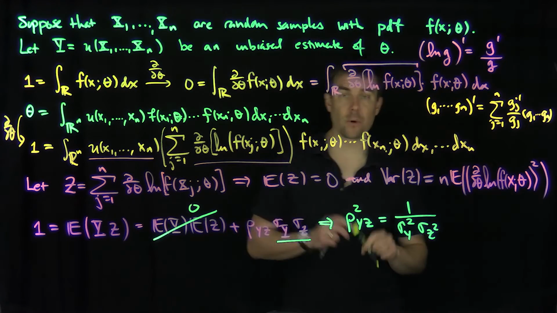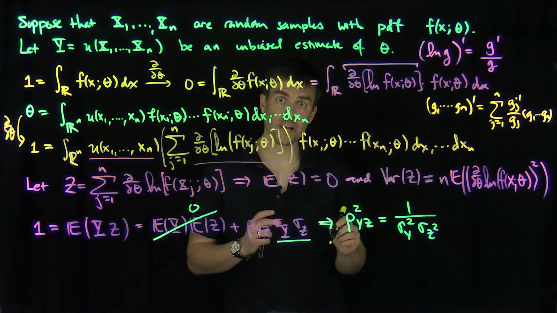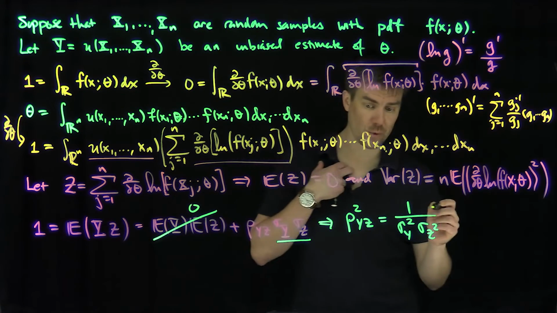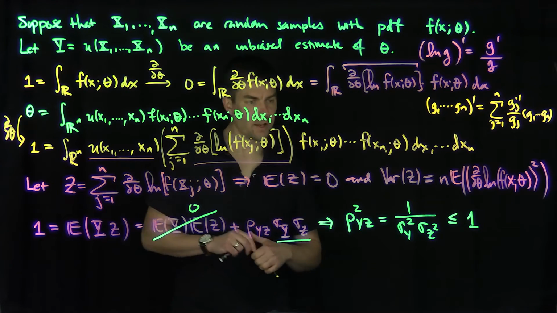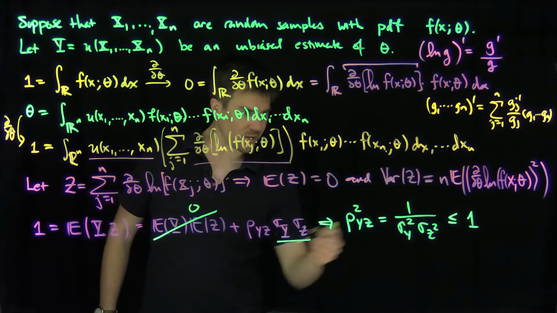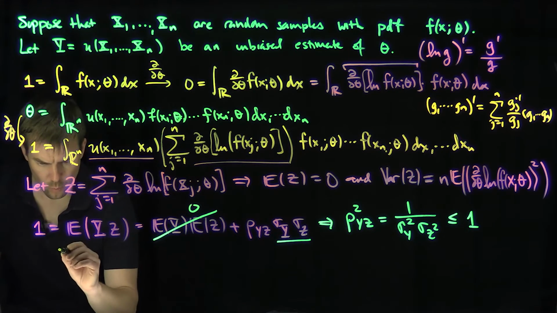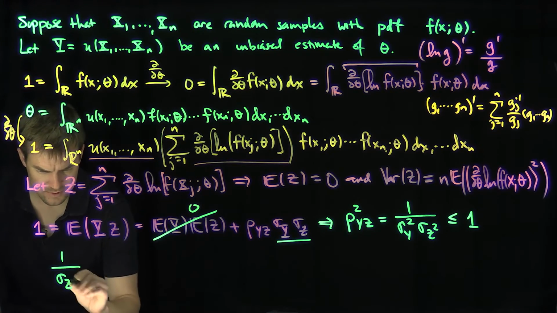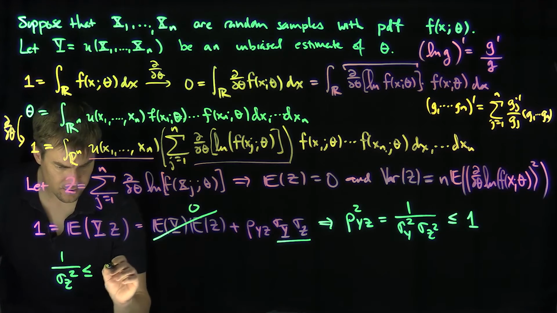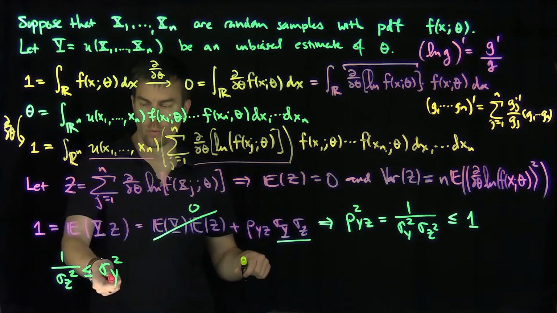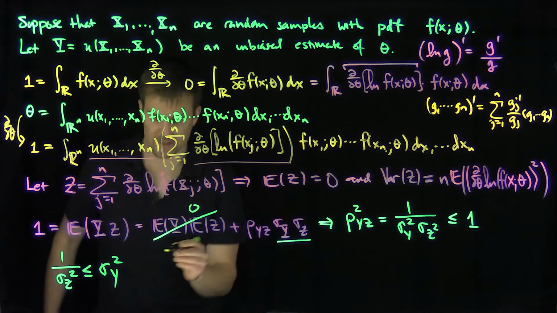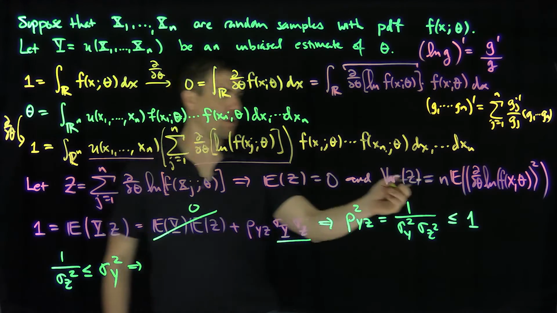Okay, excellent. Now what do we know about correlation? We know the correlation squared is always less than or equal to 1. So this expression is less than or equal to 1. And that says, if I rearrange this inequality, that 1 over sigma z squared is less than or equal to sigma y squared. Of course, that's the variance of the y estimator, and that's the variance of the z estimator. But what is the variance of the z estimator? We know exactly what it is.